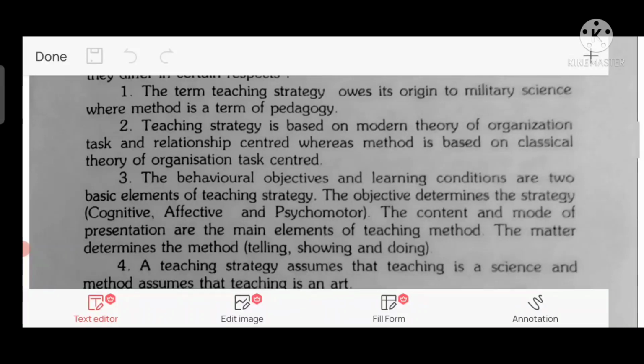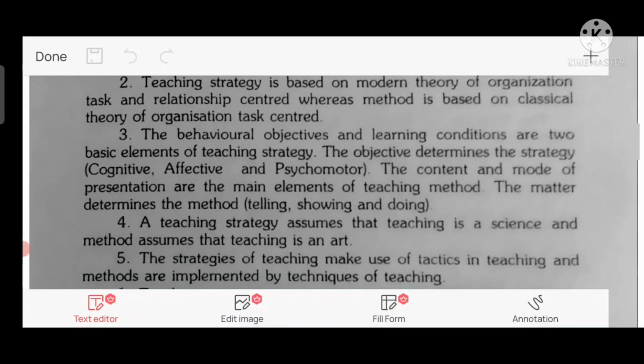The content and mode of presentation are the main elements of teaching methods. The content determines the method: telling, showing and doing.